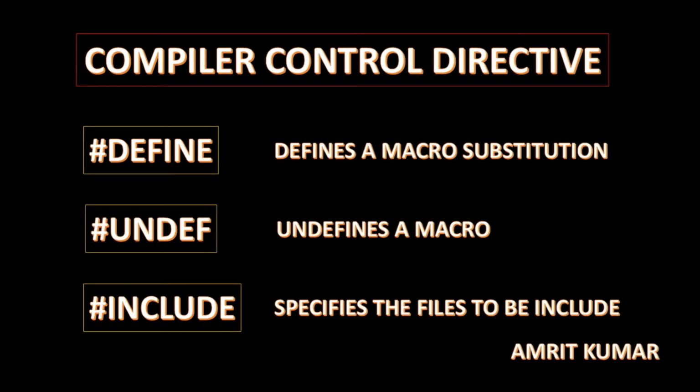In C language there are many compiler control directives. These are #define, which is used to define a macro substitution; #undef, which is used for undefining a macro; and #include, also a compiler control directive, used for specifying the files to be included.